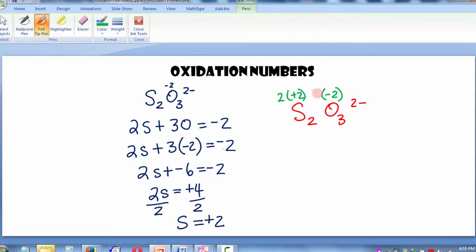And we have 3 oxygens. So does a positive 4 plus a minus 6 equal our charge of a minus 2? Well, yes it does. So we know the oxidation state that we found for sulfur is correct.